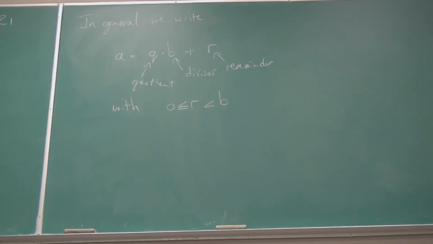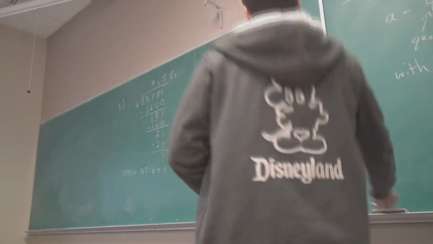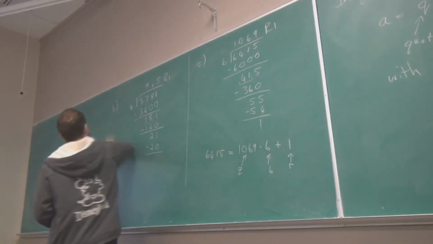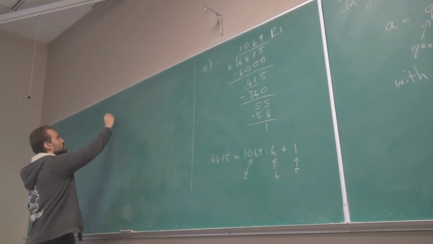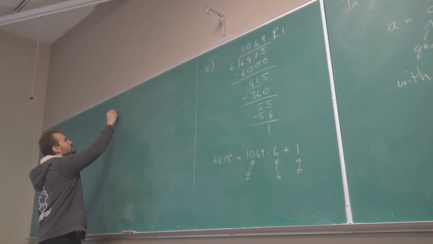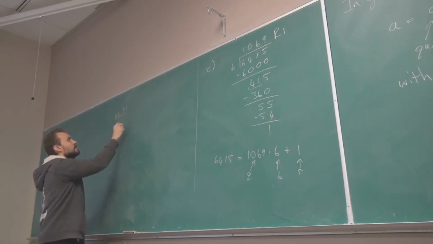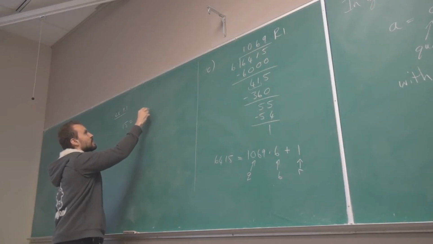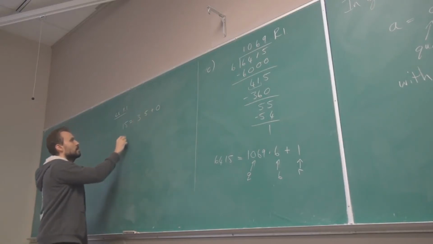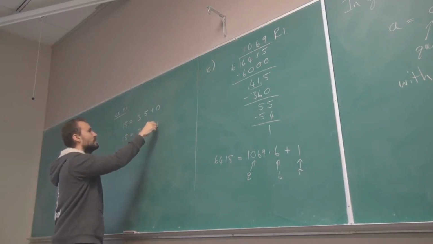Now, in our examples, if we go back to the 15 and the 5 and the 2, don't fall asleep yet. So our example 9.1, we had 15 was 3 times 5 with nothing left over. 15 was 7 times 2 with 1 left over.